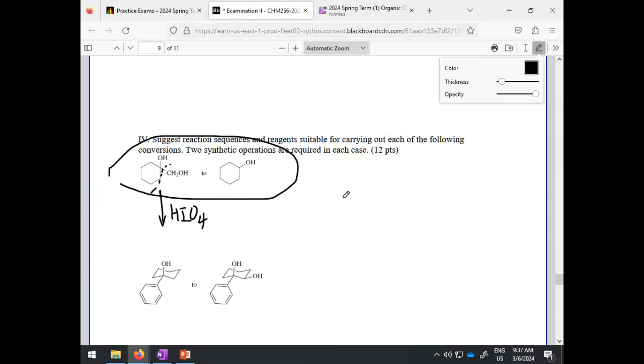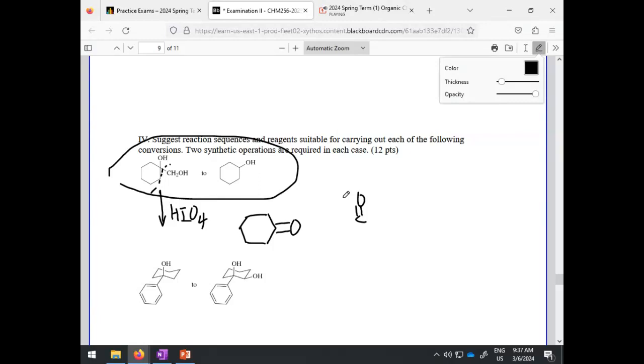So the left side of the compound becomes this, and the right side becomes this. But we don't care about the second compound. What we obviously care about is what we're going to do with the first compound, but the first compound is not the target compound yet.